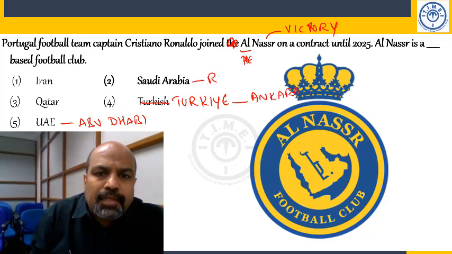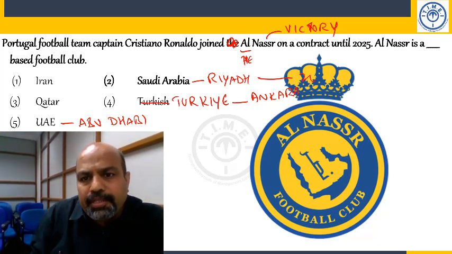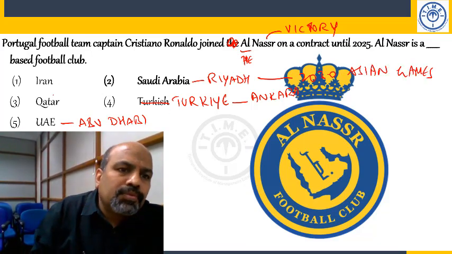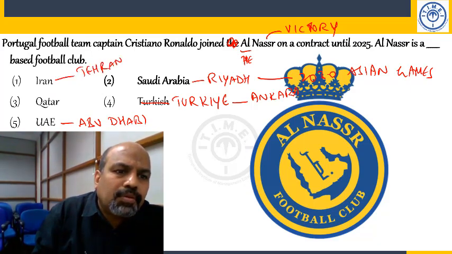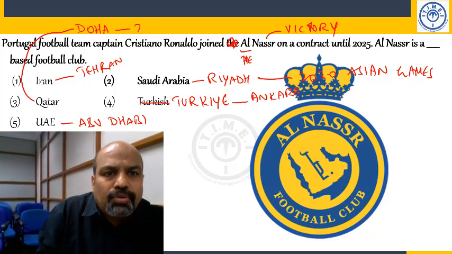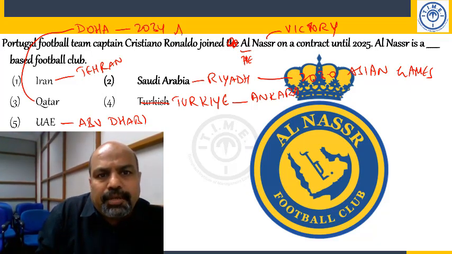Saudi Arabia, Riyadh. Extra stuff you could write: 2030 Asian Games. Iran, Tehran. Qatar, Doha. Would also write 2034 Asian Games.